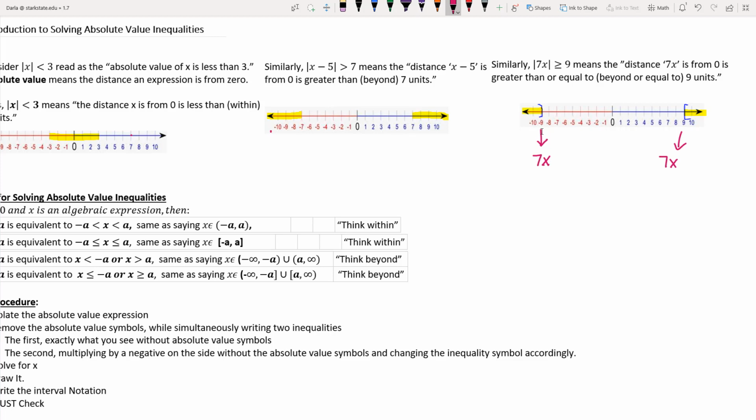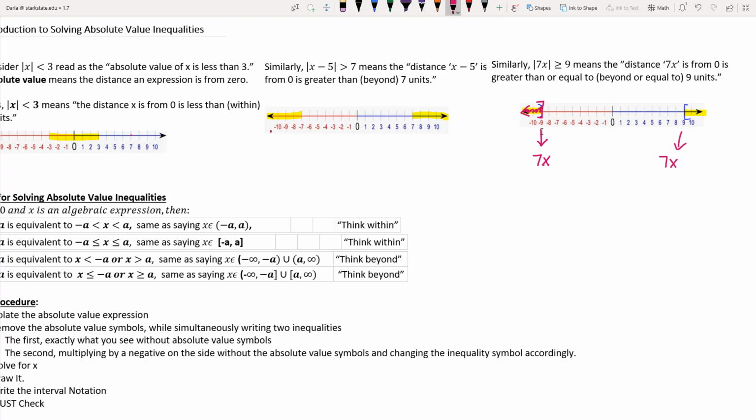And we're saying we could be equal to those values, so we could be having 7x equal to -9, but we could be also greater than that distance. So equal would put a bracket at -9, but beyond that distance would put us to the left.